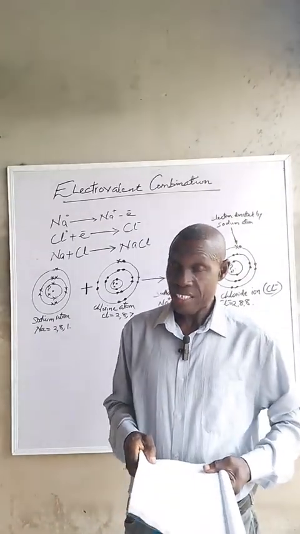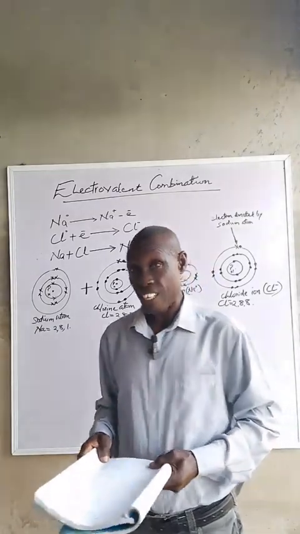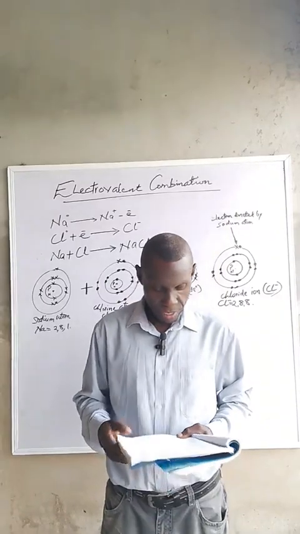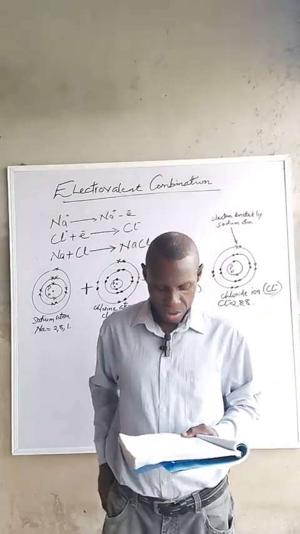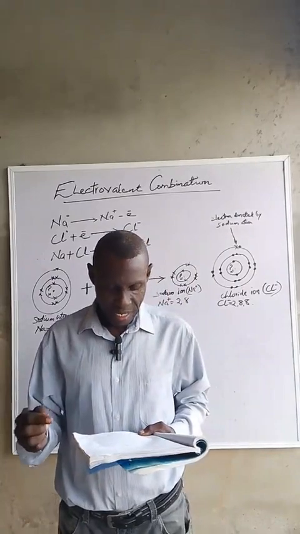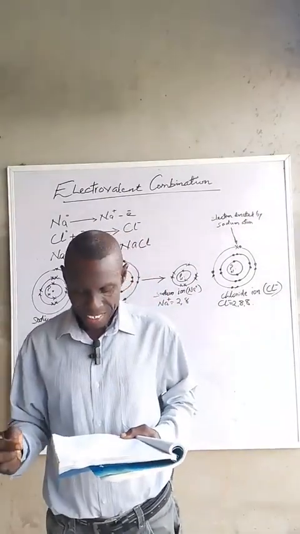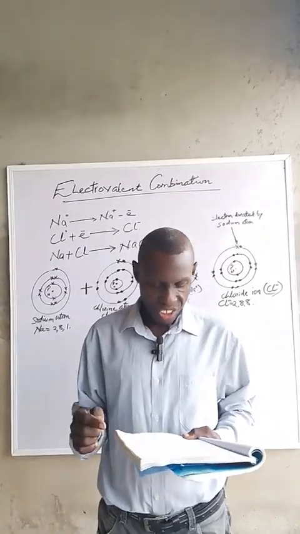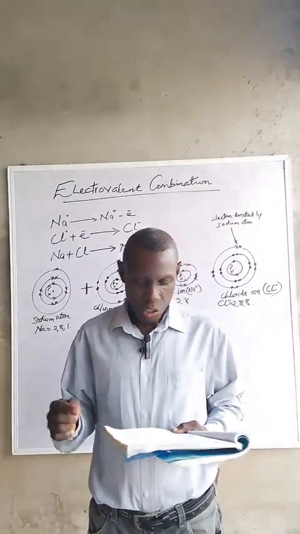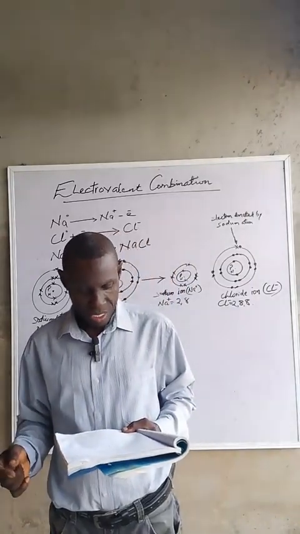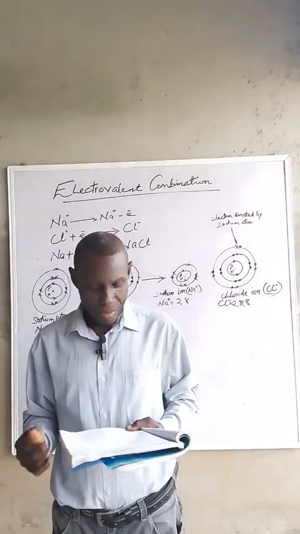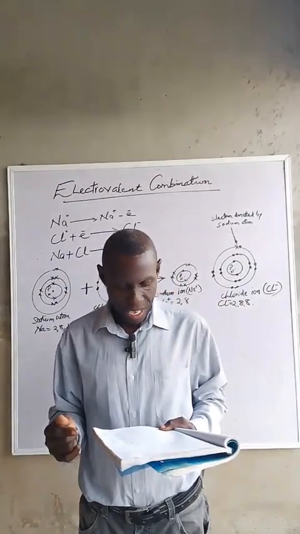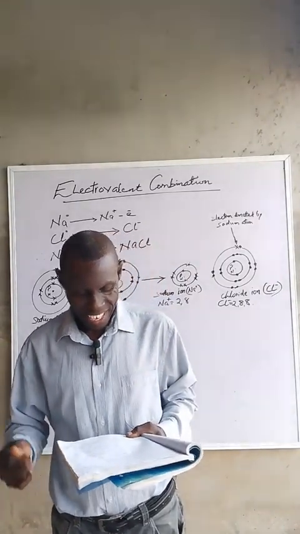Of course, we know that in the kingdom of elements, we have metals and non-metals. So, let's continue there. The metallic atoms, after donating their valence electrons, become positively charged, while the non-metallic atoms, after accepting electrons, become negatively charged after acquiring extra electrons.